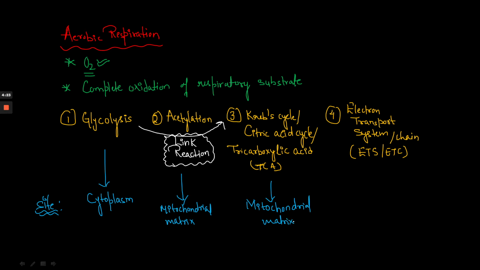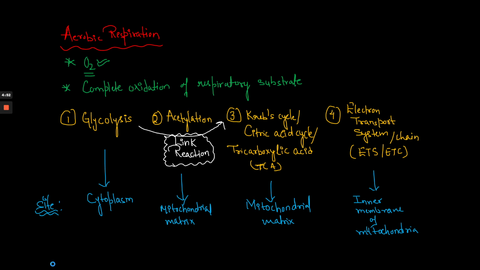And this electron transport system is present in the inner membrane of the mitochondria. As mitochondria has 2 membranes, it is a double membranous cell organelle. So the ETS is present in the inner membrane of the mitochondria, right?